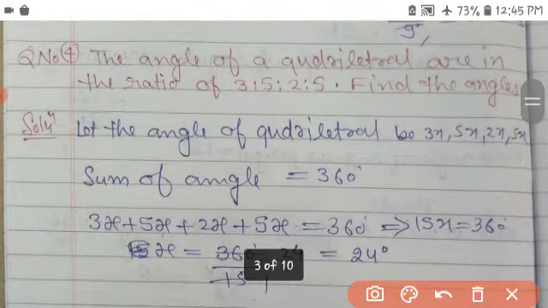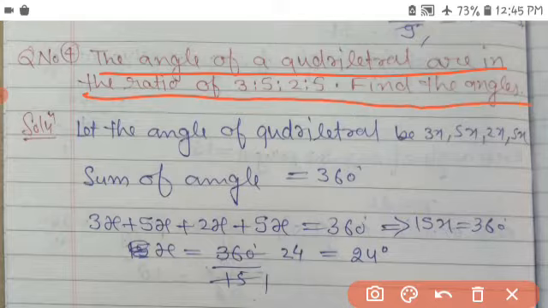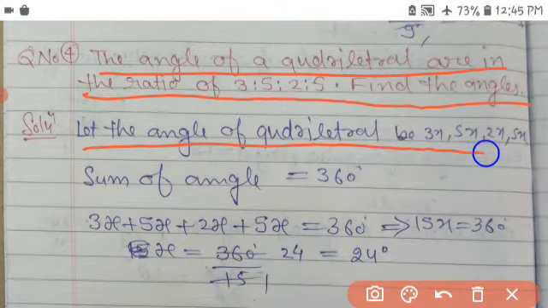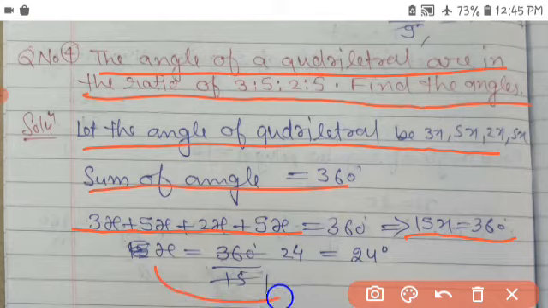The angles of a quadrilateral are in the ratio 3:5:2:5. Let the angles of the quadrilateral be 3x, 5x, 2x and 5x. Sum of angles is 360 degrees. Now 3x plus 5x plus 2x plus 5x equal to 15x is equal to 360. Now x is equal to 360 upon 15, which is equal to 24.